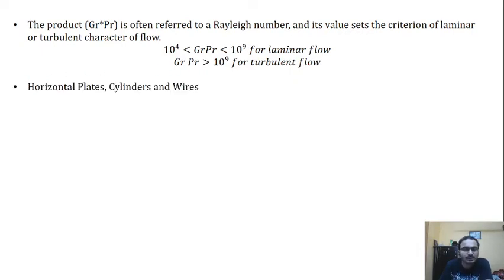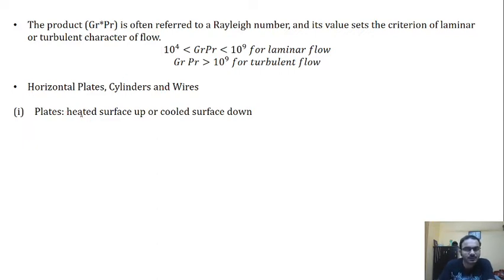Now we will see different kinds of arrangements for which we have empirical correlations. So horizontal plates, cylinders and wires. First let us consider plates.